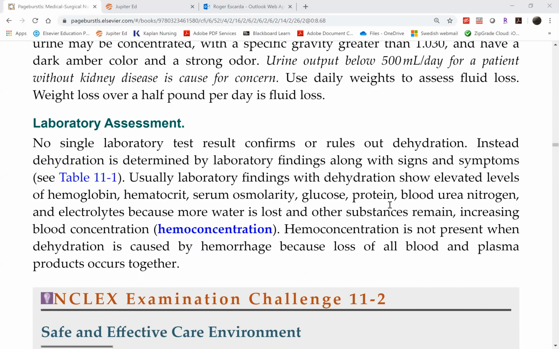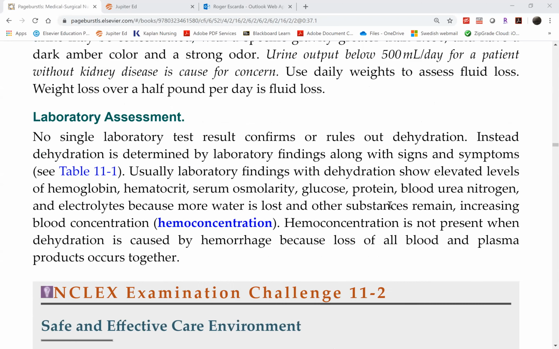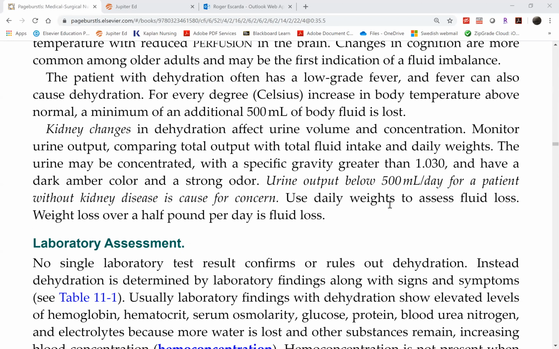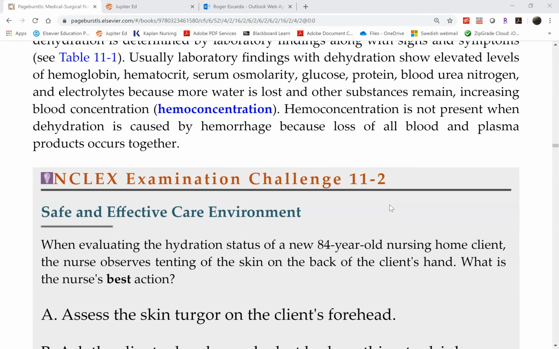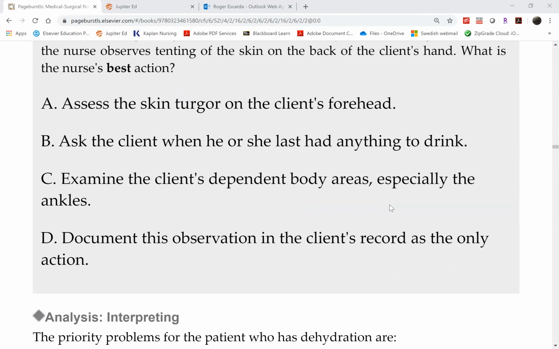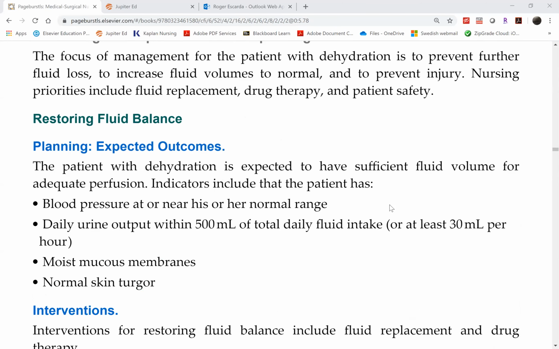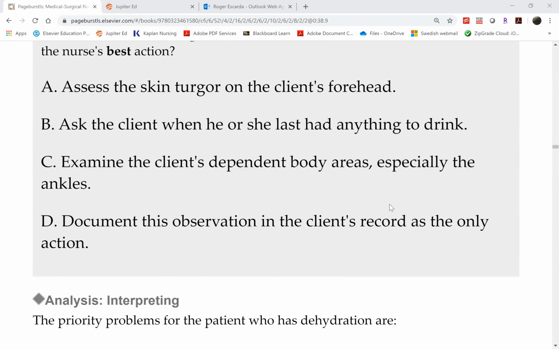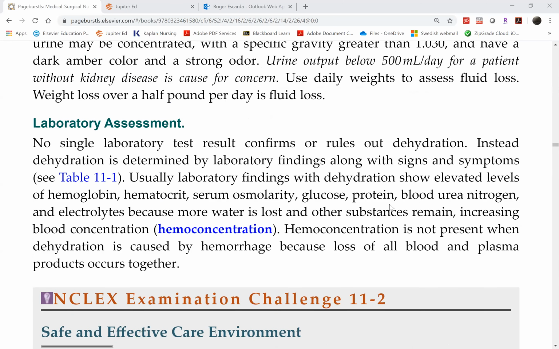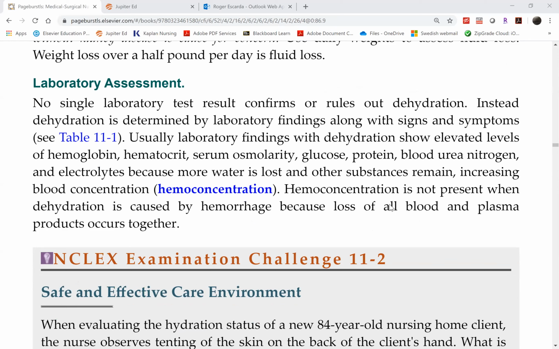Okay, labs now. So we're done with the physical assessment or physical indicators of fluid status. Let's go now to what our blood work will look like. Okay, they didn't put a table. Too bad. All right, so let's go with laboratory. Let's look at a dehydrated patient first.